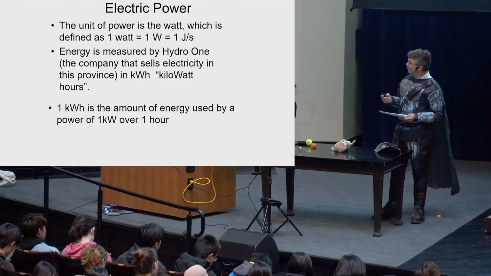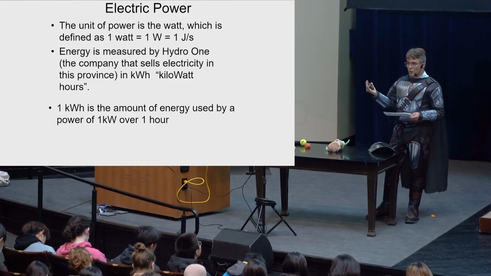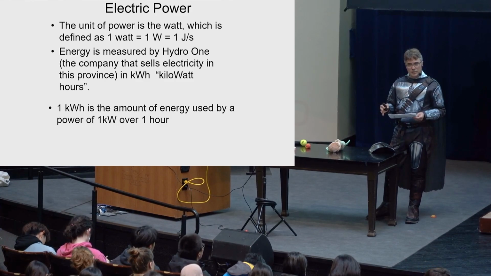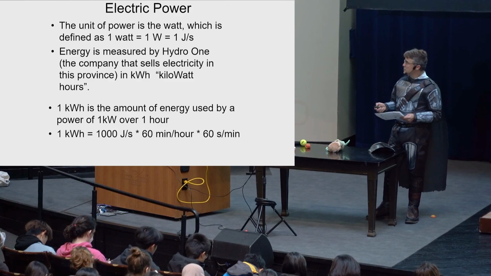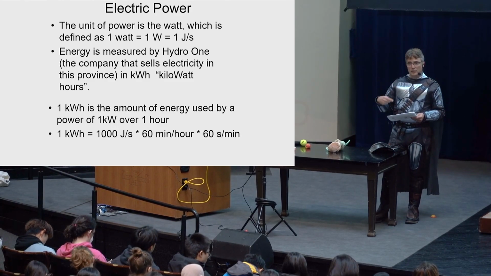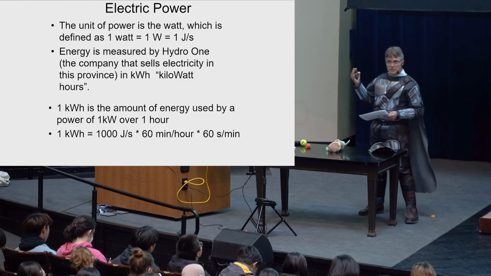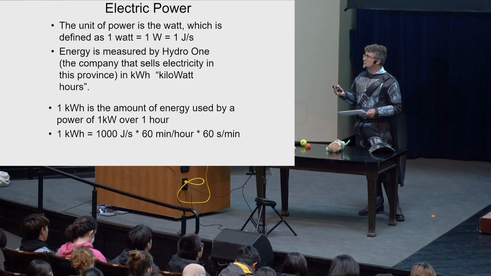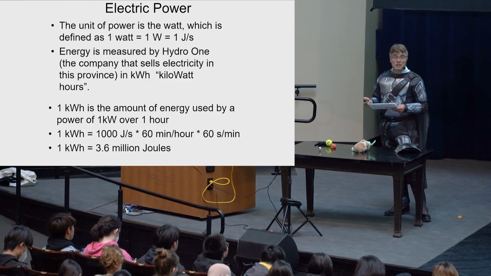A kilowatt hour is the amount of energy that you use in 1 hour if your appliance is running at 1 kilowatt power. So you take 1,000 joules per second, multiply by 60 minutes in an hour and 60 seconds in a minute, and you get 3.6 million joules.